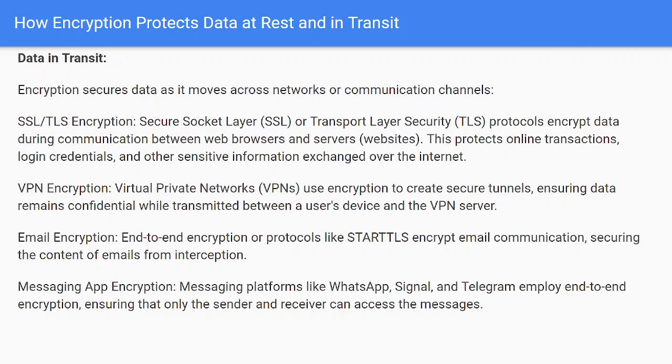The same thing with messaging apps like WhatsApp, Signal, and Telegram. They use end-to-end encryption to ensure that the message being sent from the sender to the receiver is not being compromised. So this is how data is protected at rest and in transit.